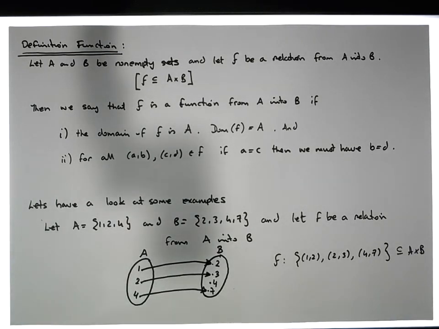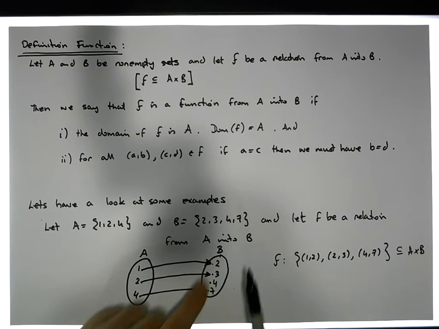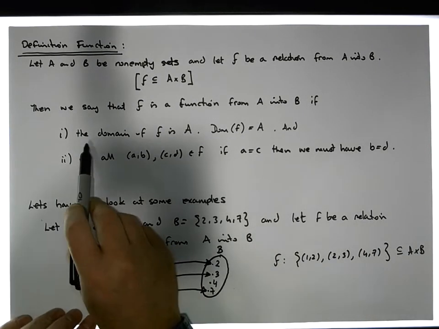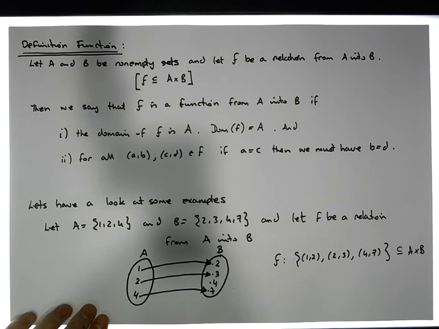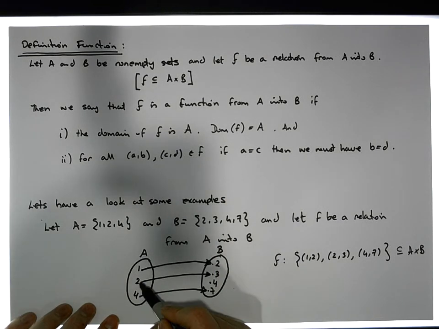Now, with respect to this particular relation, let's check these two properties. It's a relation from A into B. Is the domain of F equal to A? A contains the values 1, 2, and 4.